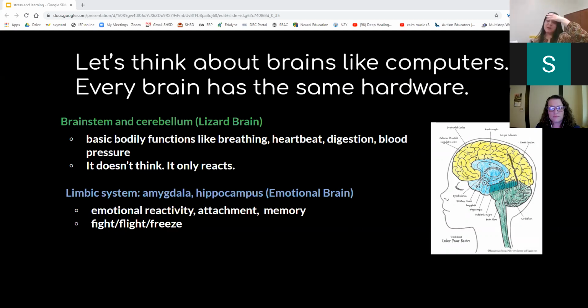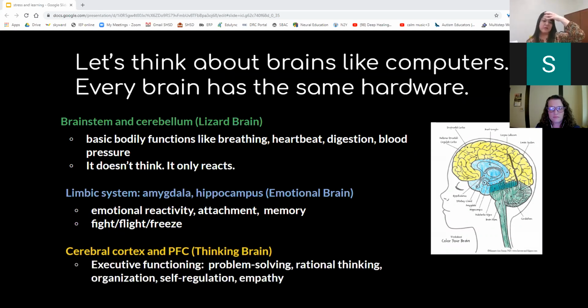The last part of the brain I want to talk about is the cerebral cortex. Tonight we're going to specifically talk about the prefrontal cortex. In our picture, that's colored yellow, and it's here in the front of the brain. This part of the brain is responsible for our executive functioning. We're going to talk more in depth about executive functioning, but that's basically things like organizing, setting goals, and making plans, all of the things we need to make a schedule.